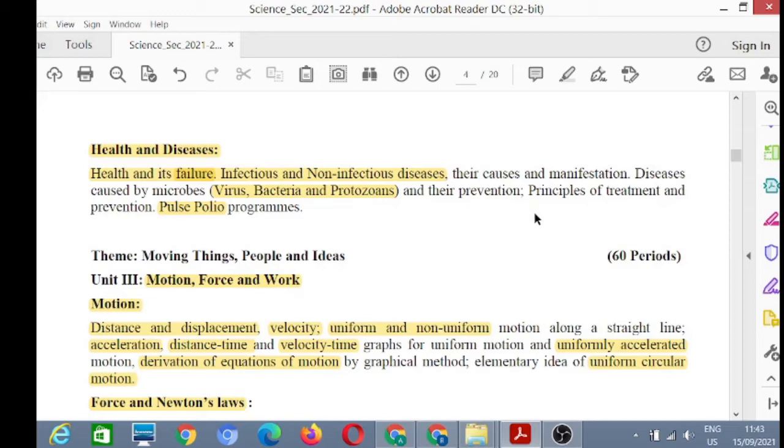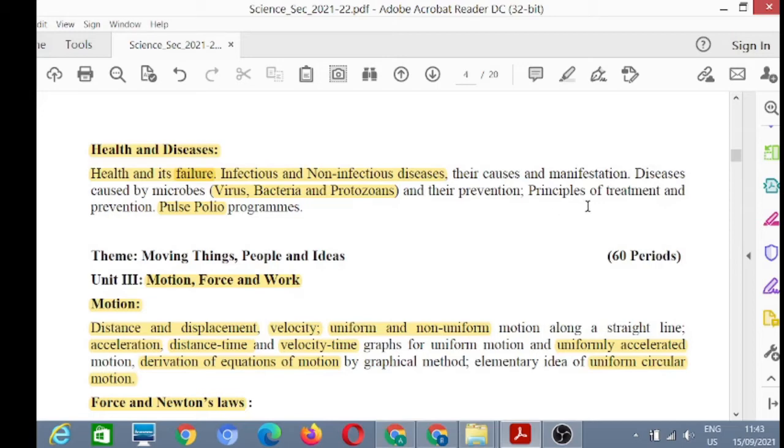Then principle of treatment. When you fall ill, you go to a doctor and the doctor prescribes some medicine. Generally the doctor performs some tests like blood test, urine test, on the basis of which he makes a decision. He recommends some medicine for you.